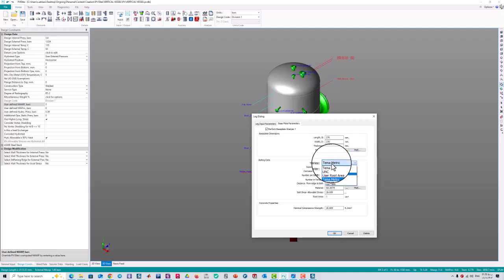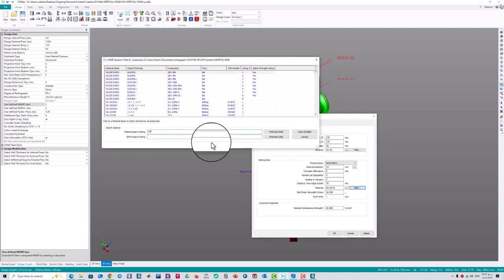Of course, it has to be taken as plate, and I mistakenly took it as bar.